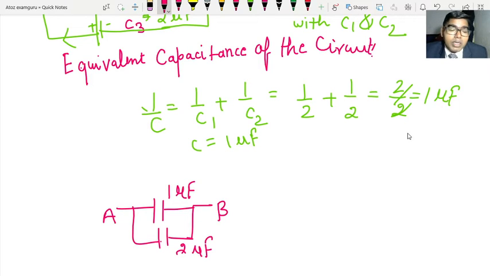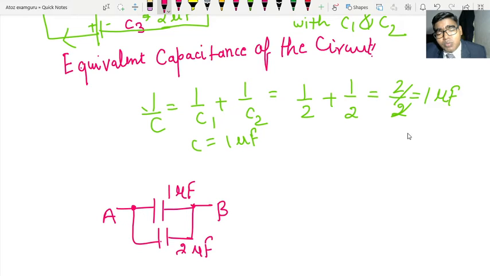How do we recognize they are in parallel? Because if any current enters from side A, it divides into two parts at this point, through 1 microfarad and 2 microfarad, and again the currents meet at this point and become the same current. So 1 microfarad and 2 microfarad are in parallel.